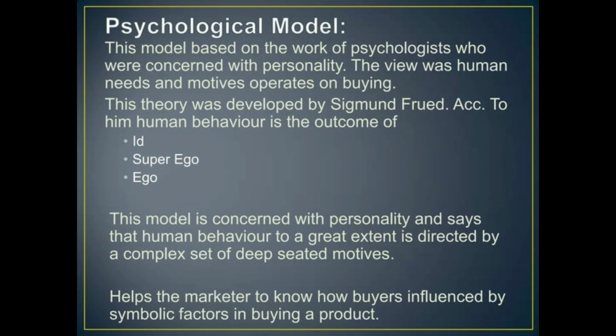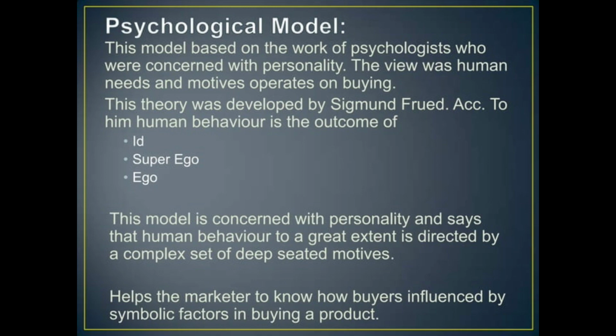Then the psychological model. This model is based on the work of psychologists who were concerned with personality. The view was that human needs and motives operate on buying. This theory was developed by Freud, and his view is that human behavior is the outcome of id, superego and ego. This model is concerned with personality and says that human behavior to a great extent is directed by a complex set of deep-seated motives.